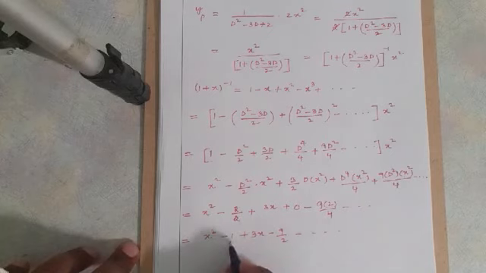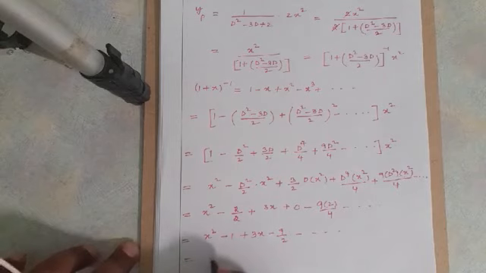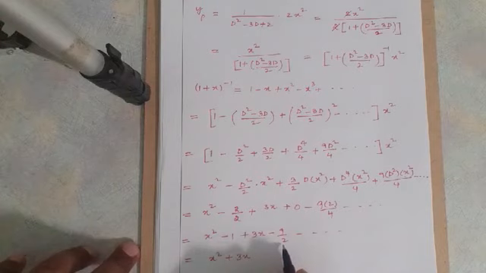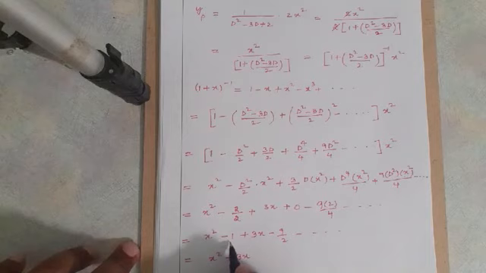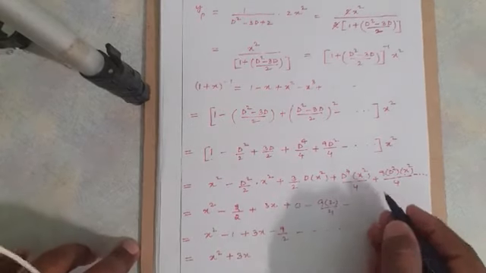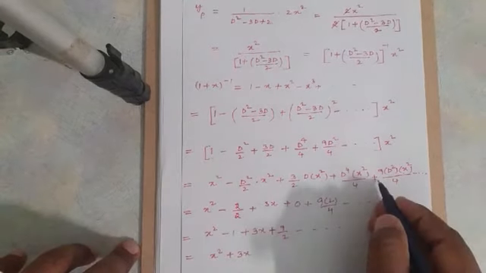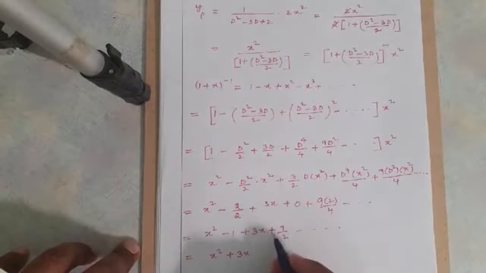Here we have minus 1 and 9/2, so you can simplify the constant terms to get x² plus 3x, and the sign here is plus.